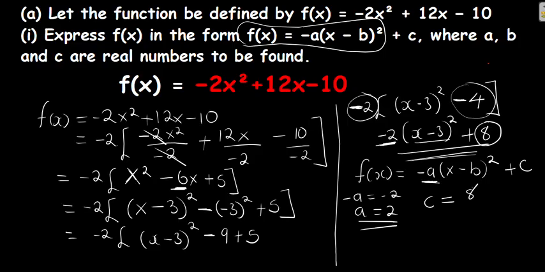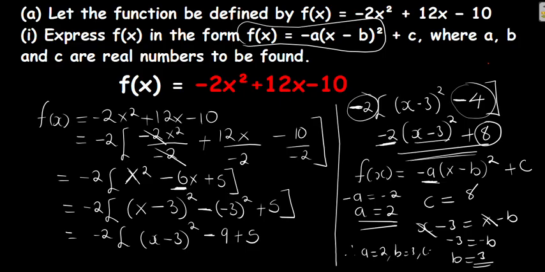But when it comes to here, you can say x minus 3 equal to x minus b. So this x and this x cancel, right? You have negative 3 equal to negative b. So this means that b is equal to 3. So you say, therefore, a equal to 2, b equal to 3, then c equal to 8. Simple and straightforward. So that's how you answer this type of question.